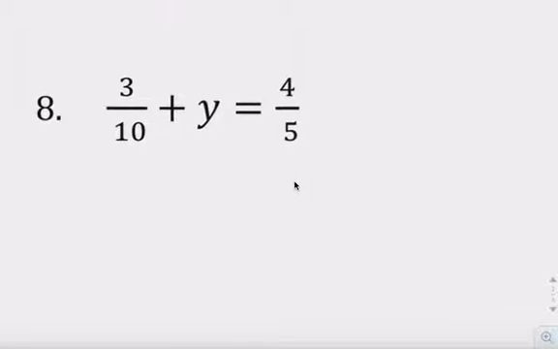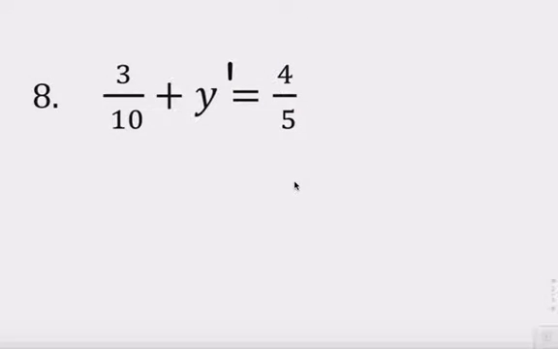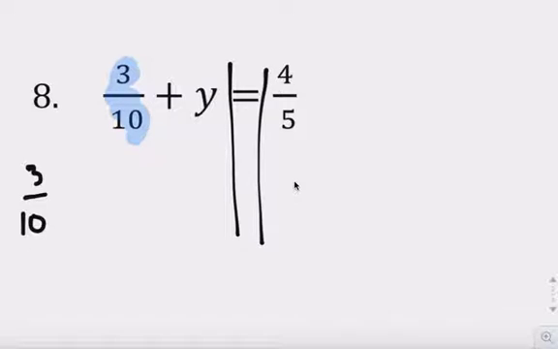Number 8, you have to make 3 over 10 equal to 0. So you get 3 over 10. To make it 0, you have to minus 3 over 10.